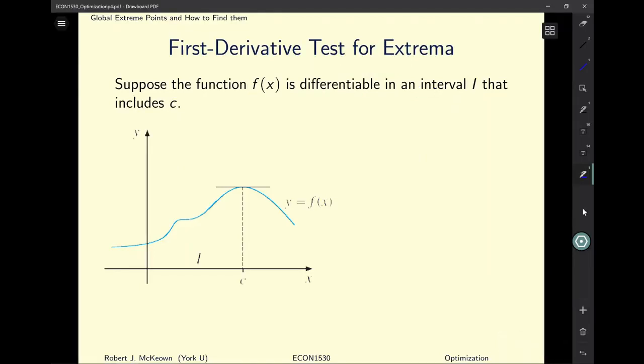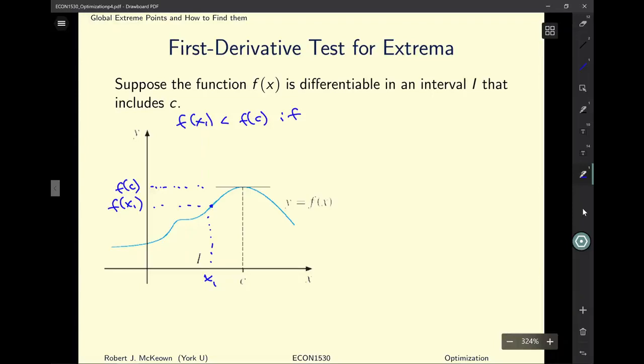You can see looking at the diagram that clearly when x is equal to c, y is at its highest point. Nothing is higher on the y-axis with a greater value than f of c. If we are here, some x1 below, then you can see right away that f of x1 is less than f of c if x1 is less than c.